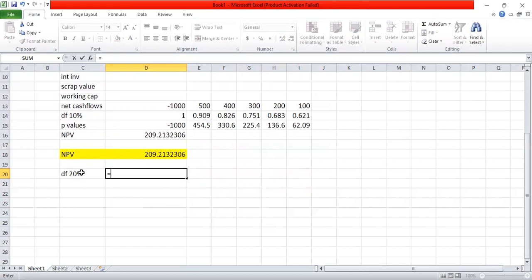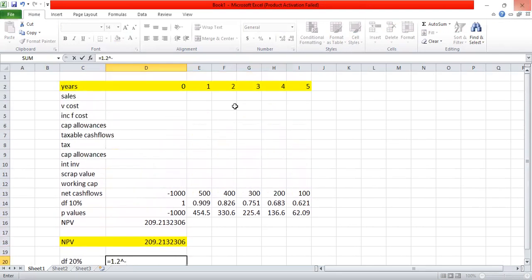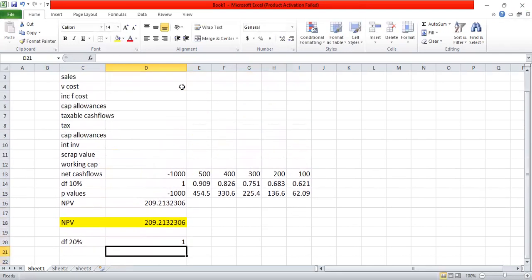So for this 20%, it will be 1.2 raised to power minus this. It's coming as 1. Just copy it into the next cell.